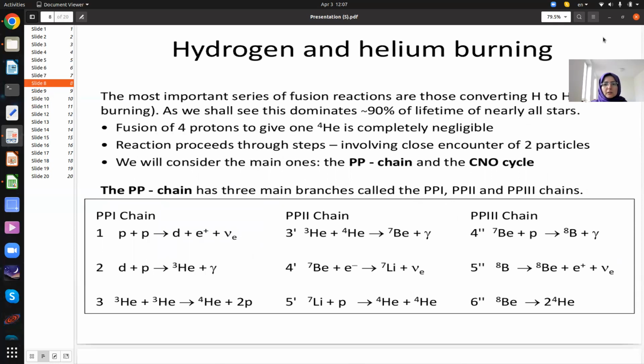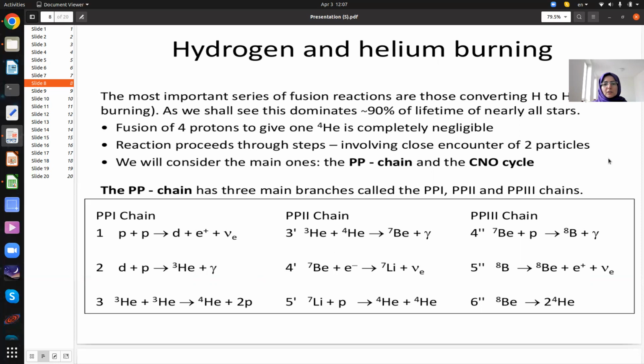Hydrogen and helium burning. The most important series of fusion reactions are those converting hydrogen to helium, hydrogen burning. As we shall see, this dominates approximately 90% of the lifetime of nearly all stars. Fusion of 4 protons to give 1 helium-4 directly is completely negligible.